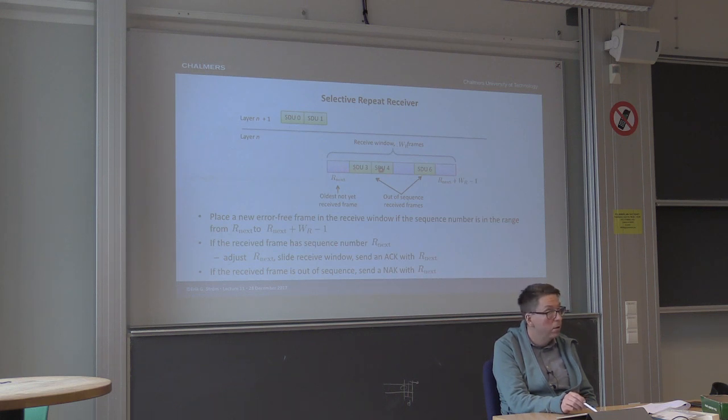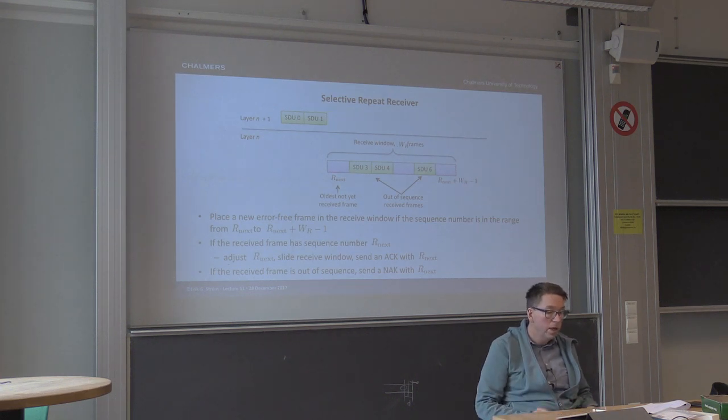But we received 3 and 4 in the meantime, and actually 6 also. So the next time we get a service data unit at the receiver, maybe this is service data unit 2, and then we can deliver 2, 3, and 4 to the layer above us. Okay, and then we can slide the window to start here, and then we are waiting for 5, 6, 7, and 8, and so forth.